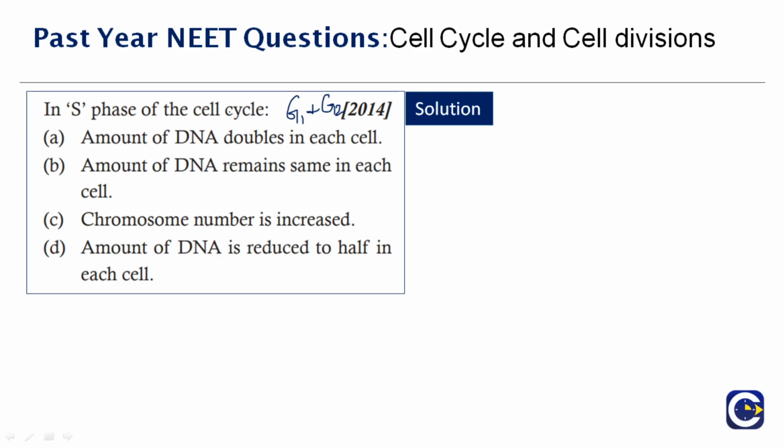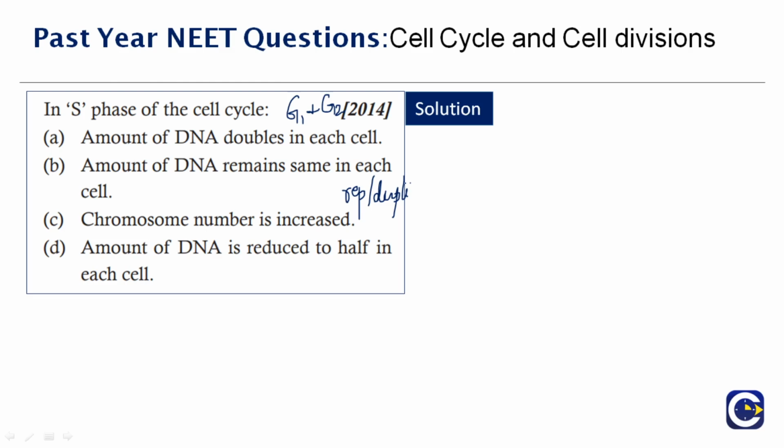Now in S phase, what happens here? Does the amount of DNA remain as such, or does it double? The correct answer to this question is option A. Amount of DNA doubles in each cell. During the S or the synthesis phase, the replication, or the duplication, you can call it either, we are talking about the chromosomal DNA.